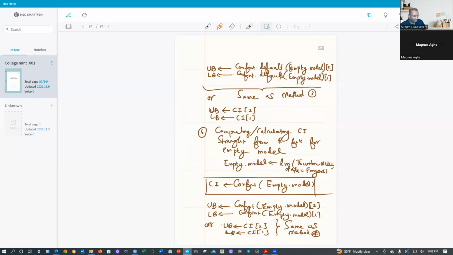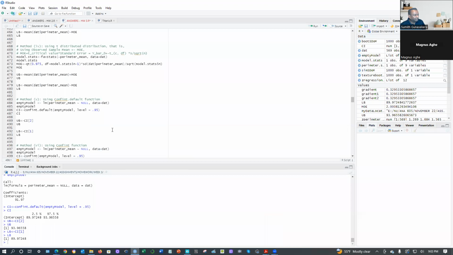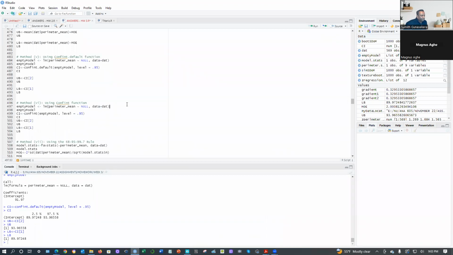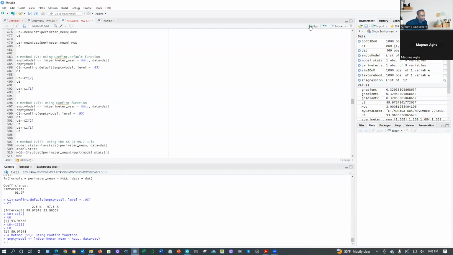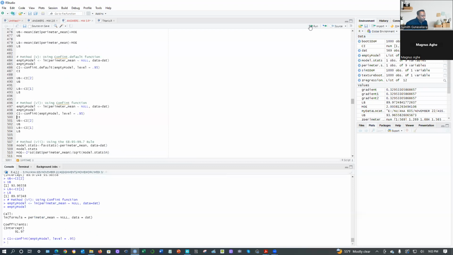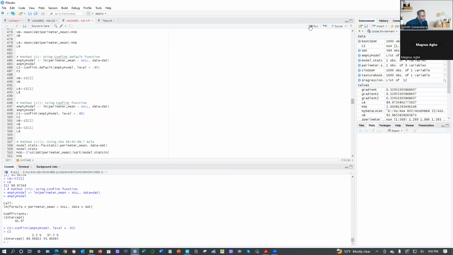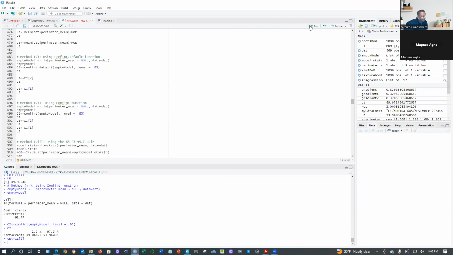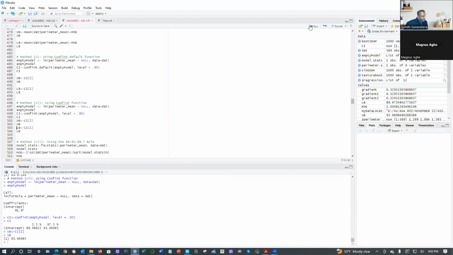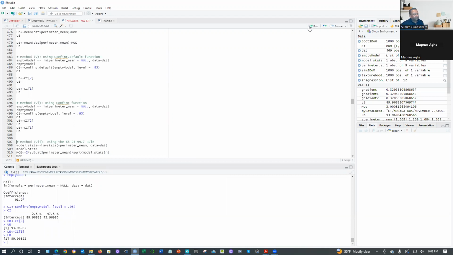So this one, let's try that one too. Then I'm gonna delete this one already. If you want your empty model, you can leave the level. Confint. Out of this one, extract the second entry, extract the first entry. That's another way to get this.